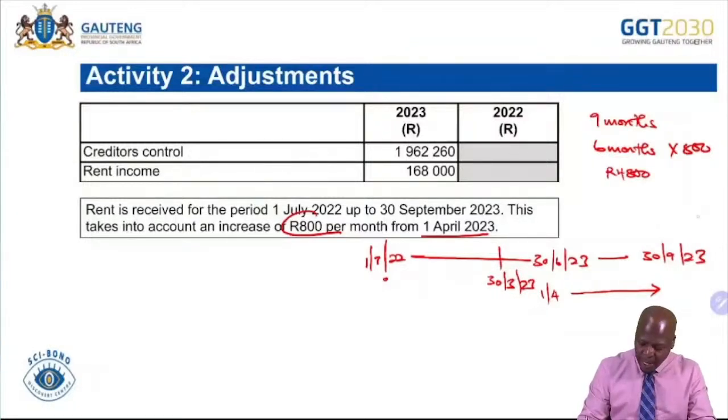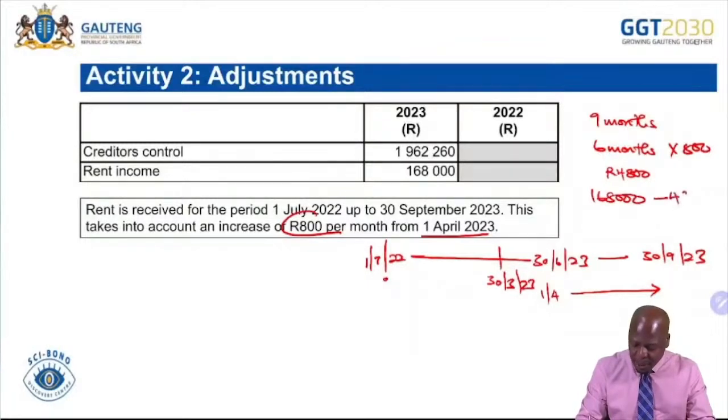So we now say 6 times 8, that is going to give you your 4,800. All right, then you now say your 168,000, which is your rent income, minus the 4,800, which is the increase. Then you end up now with 163,200. That 163,200 you then divide by the total number of months that we have received for, which is your 15 months.